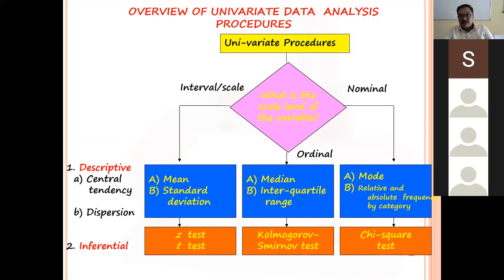So that is dispersion. There are two techniques: one is central tendency, another is dispersion. If you have ratio scale data like marks, under the descriptive statistics you can compute mean and standard deviation.